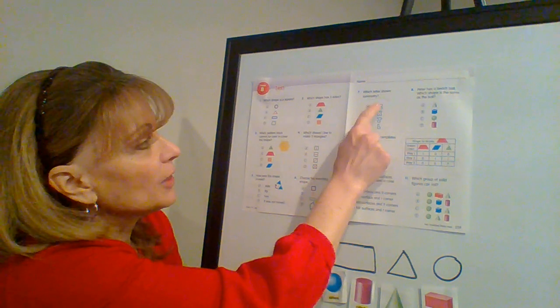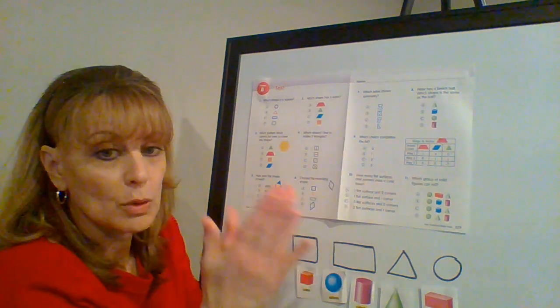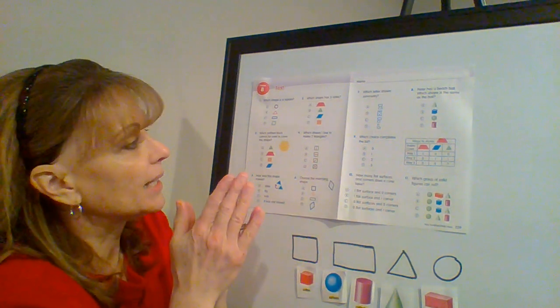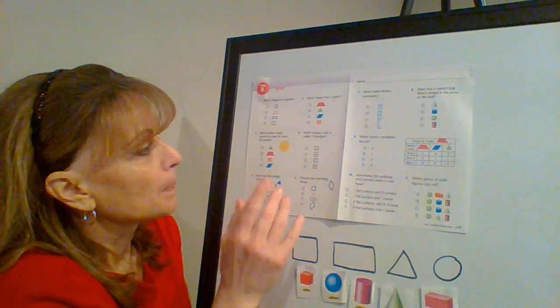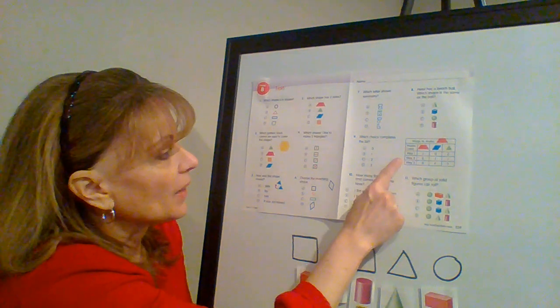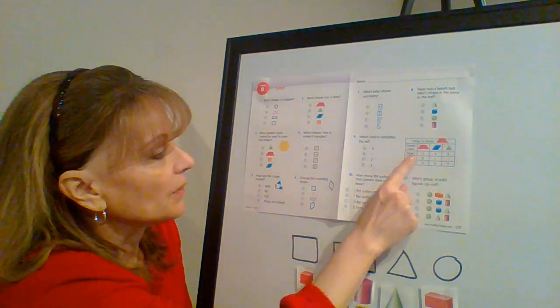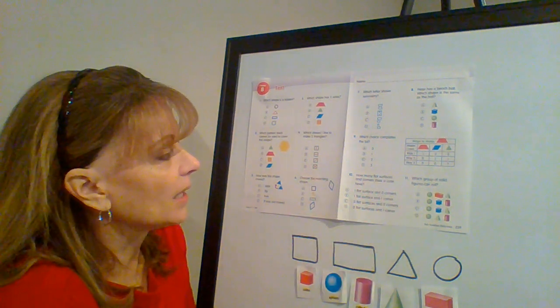Be very careful on your line of symmetry. Remember those 2 sides, if you fold on the line, it has to be exact. You've done this before. You might have to take out your pieces for that again.